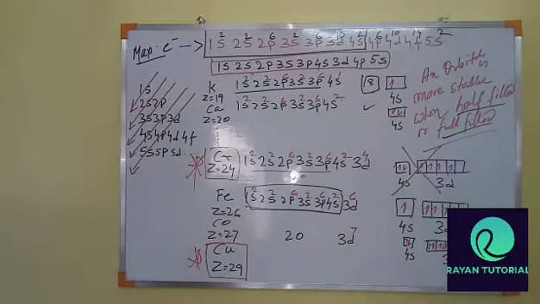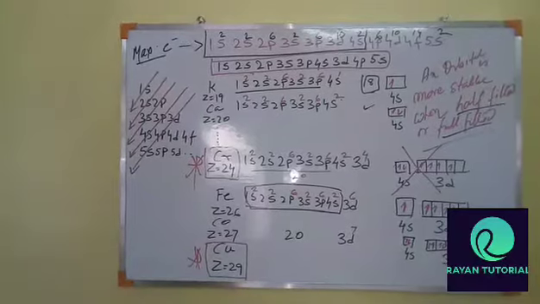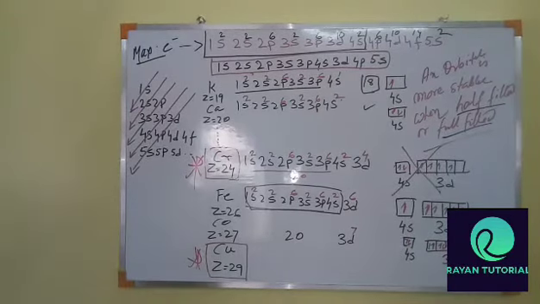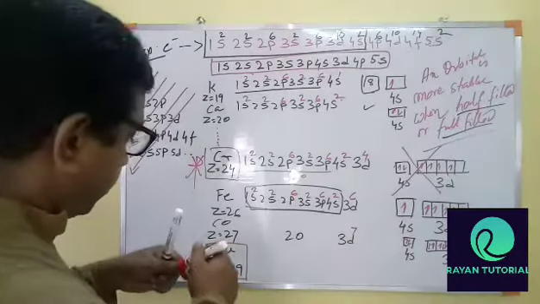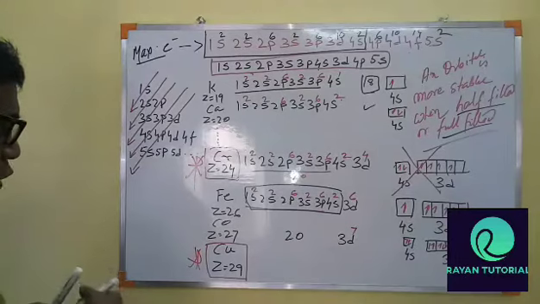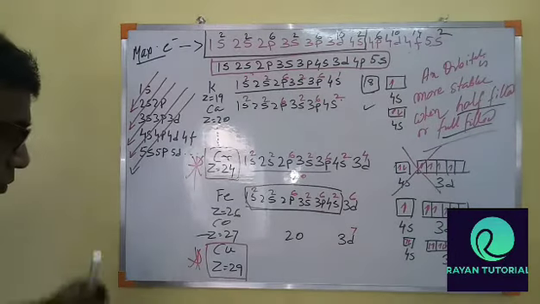Clear? Okay. Then comes after cobalt, nickel I suppose. After cobalt, nickel. Okay. Next comes copper. Copper also, see copper. This one I am not doing. Okay. This one try at home.